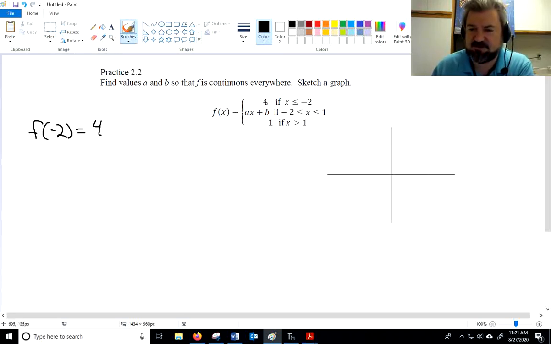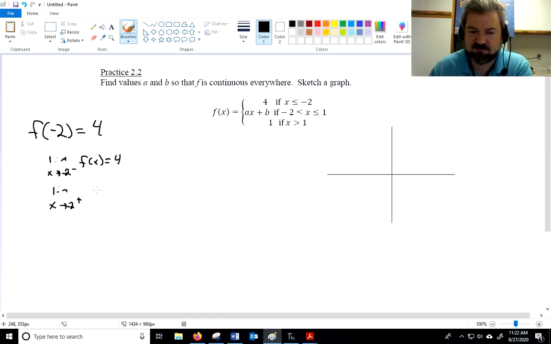Clearly the limit from the left is 4, because for x values less than -2, I'll document that though. The limit as x approaches -2 from the left is clearly 4. The limit as x approaches -2 from the right is going to be ax plus b.